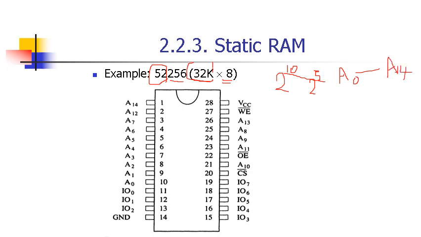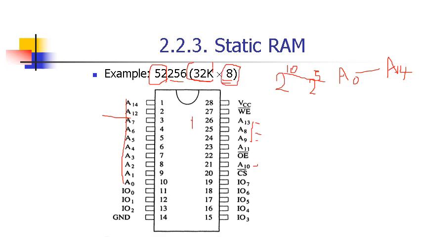And here you are, A0 through A14. So here are the address pins. Here you have 10, here is the 13, 8 and 9. And again, each memory location is composed of 8 bits.